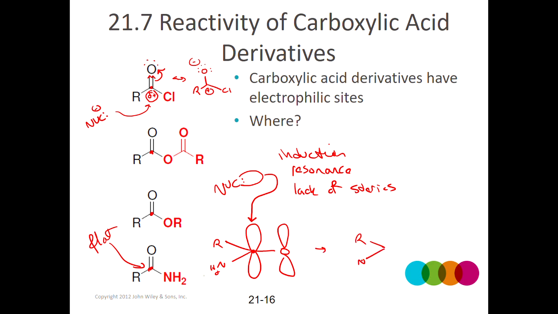And since the carbon is flat and the angles are only 120 and there's nothing above it or below it, the nucleophile could come in from above or from below to, once the carbon rehybridizes, do a head-on orbital overlap and make a new sigma bond.